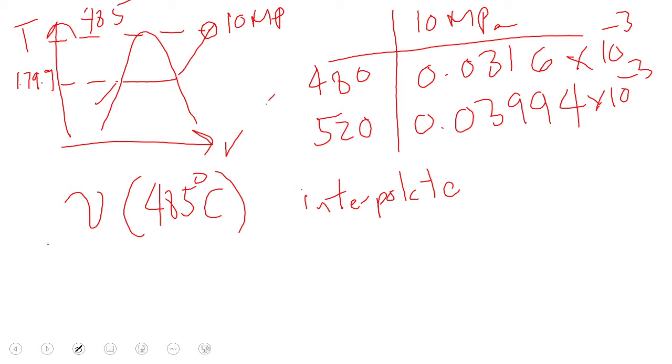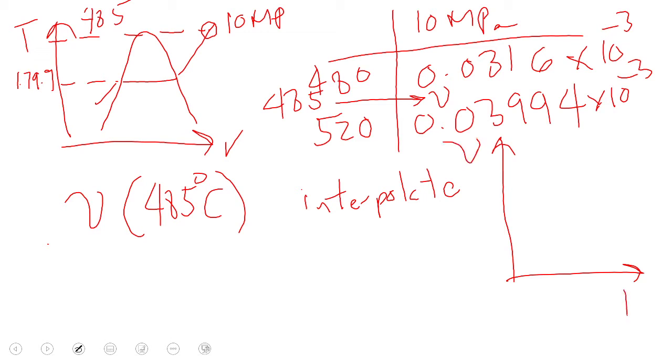So let's say the specific volume is V. We need to assume that the specific volume between the 2 points changes linearly. So we need to equate the slopes.